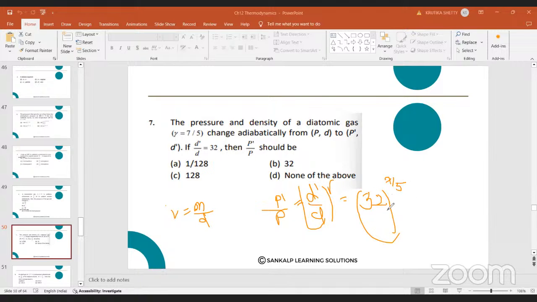Okay. So if you simplify this, that is 128. Okay. 128 is the answer. So option C is the correct answer.